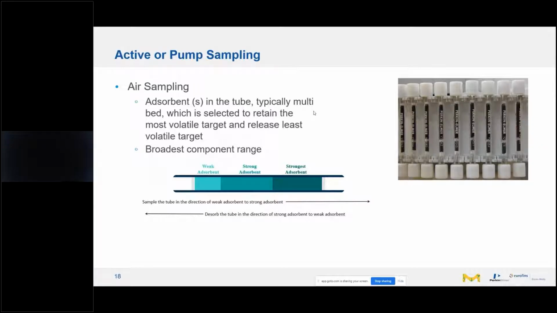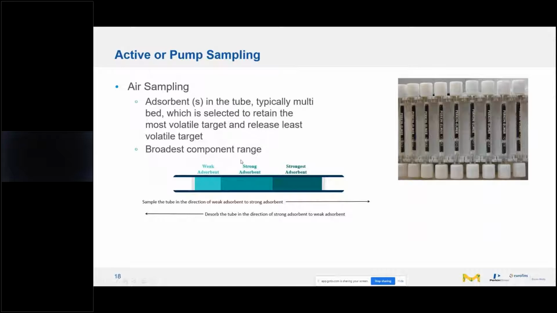If you look at the inside of this tube, this is a 3-bed tube. Jamie's tube is a 2-bed tube. So we have a weak absorbent, a middle range absorbent, and then a very strong absorbent. Let's say we want to measure components with a boiling point range from C3 to C40, let's just say.